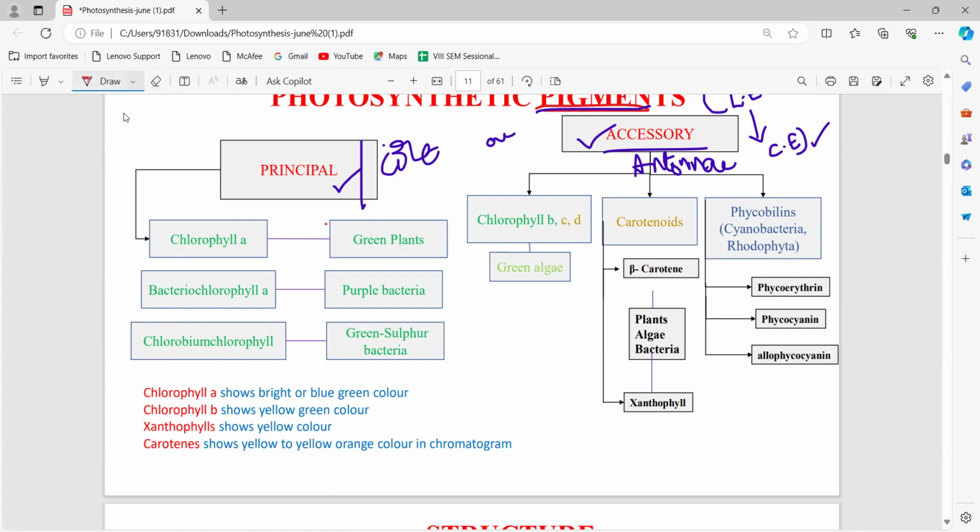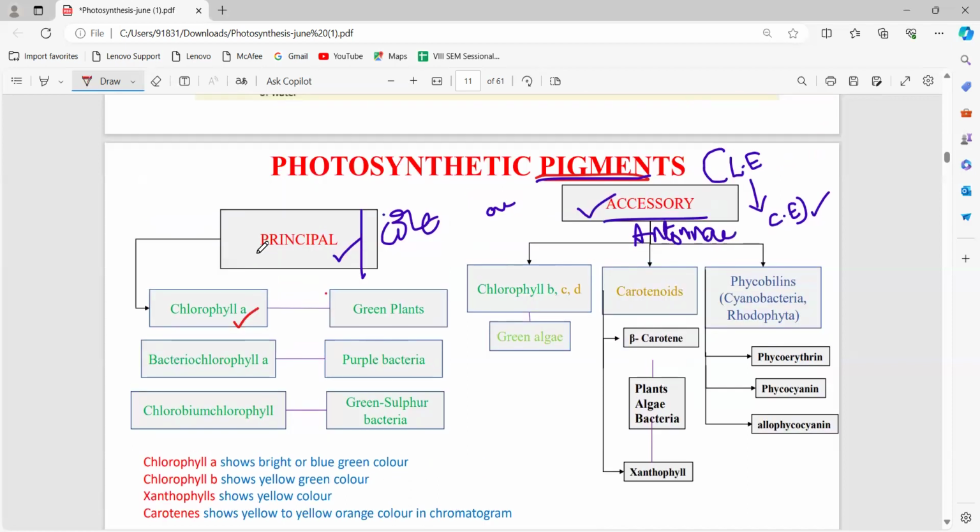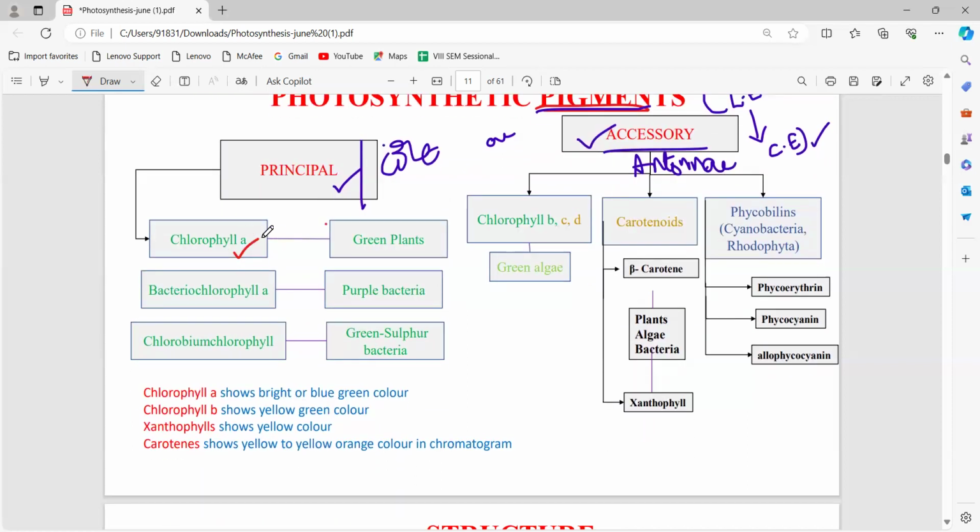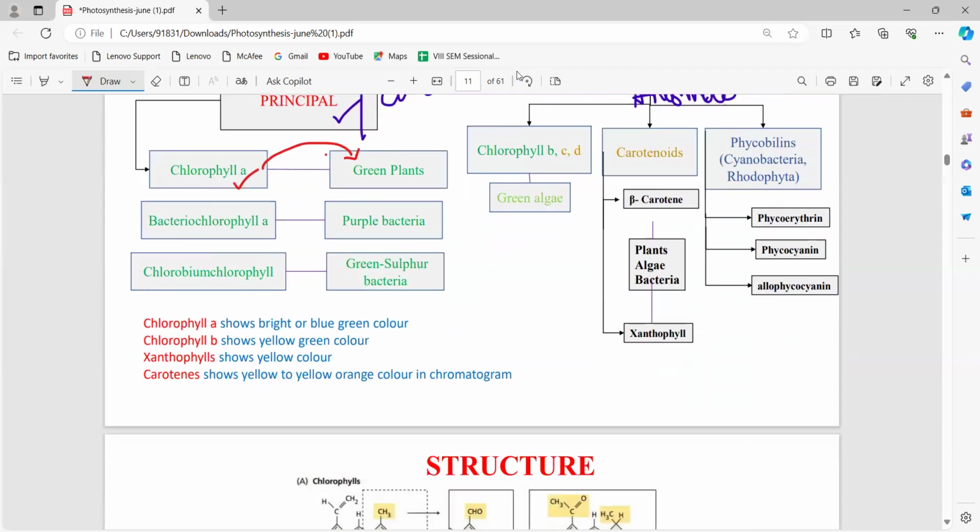Now every student understand. Chlorophyll A, remember everyone, is the most abundant type of chlorophyll in the green plant. That is also an asked statement: exclusively present in the higher green plants. And very important, bacteriochlorophyll A. Now, the question is, what is the difference between chlorophyll A and bacteriochlorophyll A? Remember my words.